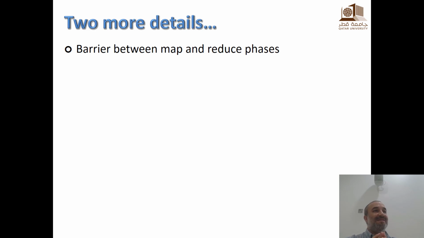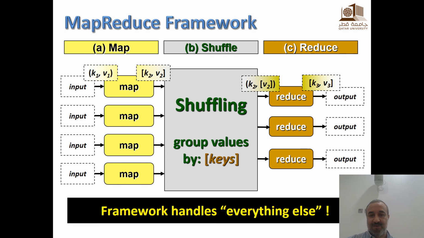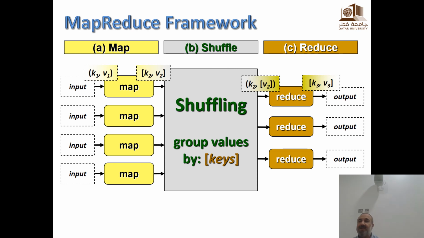Why is that? Let's get back to the basic slide, this one. Reduce cannot start until all map functions finish. Because of the shuffling. Why? Because we need all the values before the reduce can start. We need all the values that are associated with the same key before the reduce starts. We cannot make sure that this is the final list until the last mapper finishes processing of the last record.